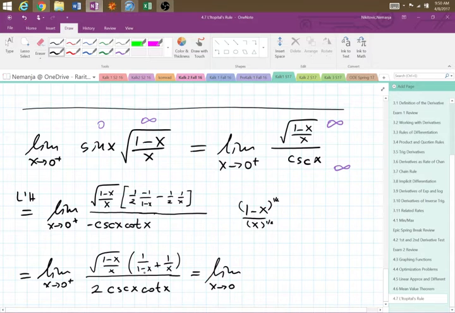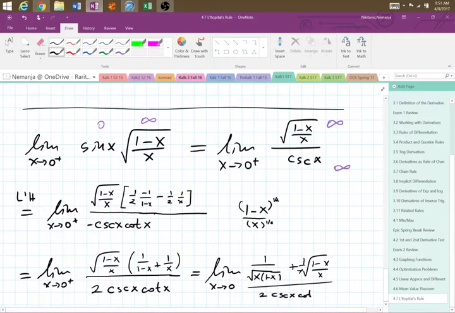So when I multiply the first two, the square root will remain in denominator, so I will have 1 over square root of x times 1 minus x, and then plus square root of 1 minus x over x, and then 1 over x in front, divided by 2 cosecant x.